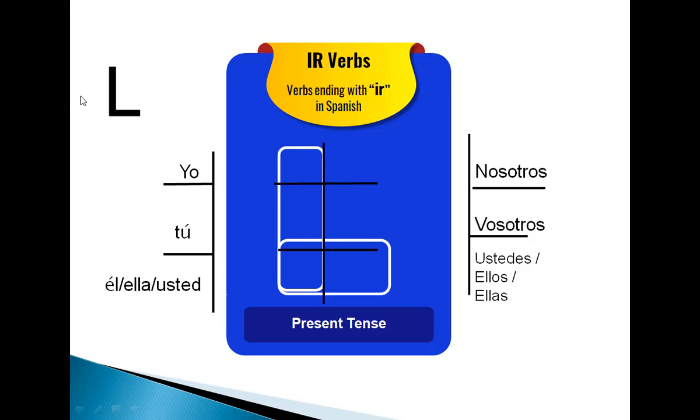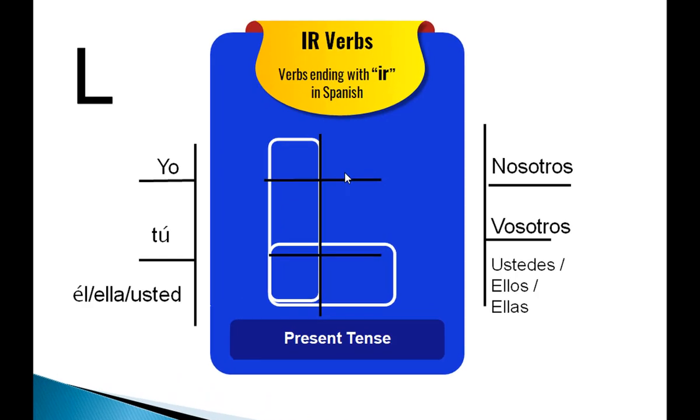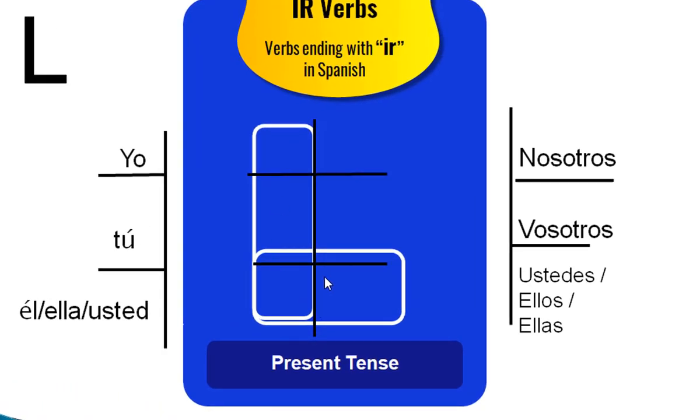In IR verbs there would be 6 forms, each for yo, tú, él, ella, usted, nosotros, vosotros, and ustedes. Those endings will follow a certain pattern. So if we place this L over here in this chart, this is the pattern or the rule-breaking path in IR verbs.